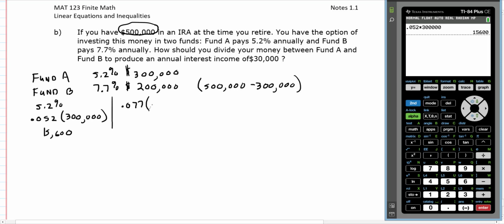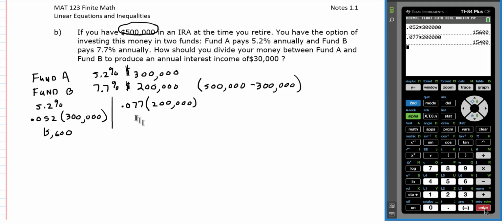Okay, now what we're going to do is take the 7.7% of 200,000. I do that times 200 grand, and that gives me $15,400. I'm pretty close.